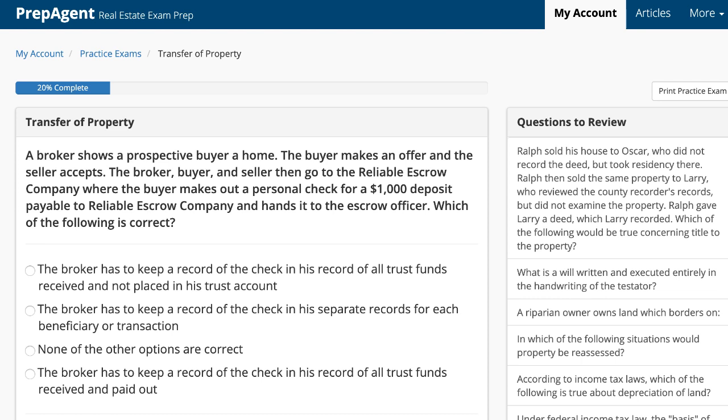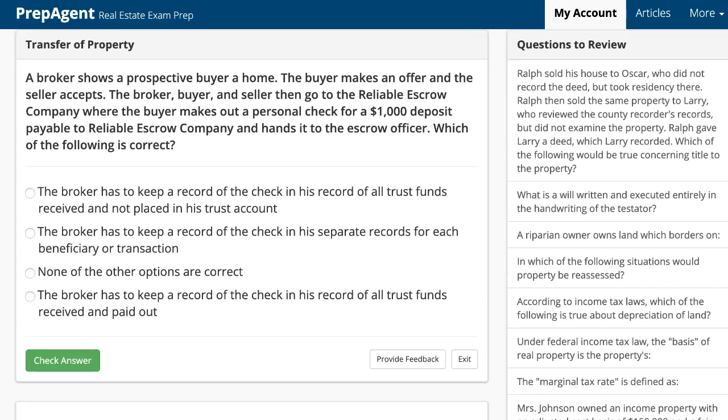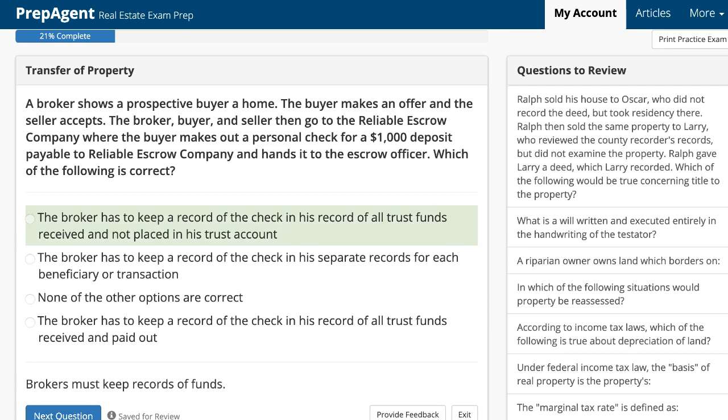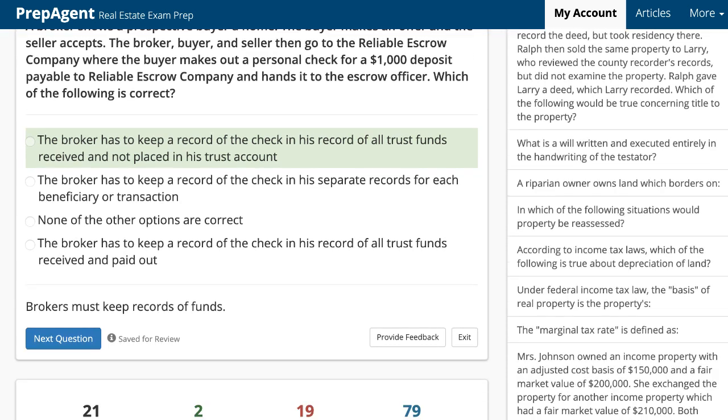D, the broker has to keep a record of the check in his record of all trust funds received and paid out. What do you guys think? And the answer is A. The broker has to keep a record of the check in his records of all trust funds received and not placed in his trust account.